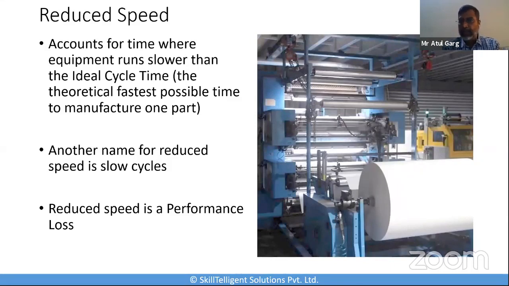Examples of common reasons for reduced speed could be dirty or worn out equipment, poor lubrication, substandard material, maybe poor environmental conditions, operator inexperience, startup and shutdown times, and so on and so forth. So this category of reduced speed could include anything that keeps the process from running at its theoretical maximum speed when the process is actually running.